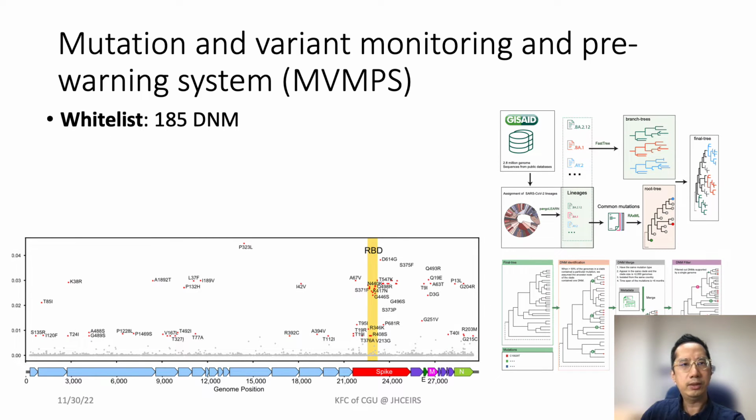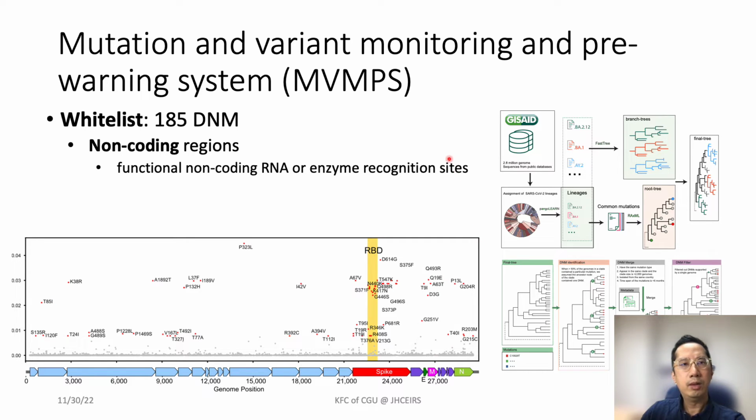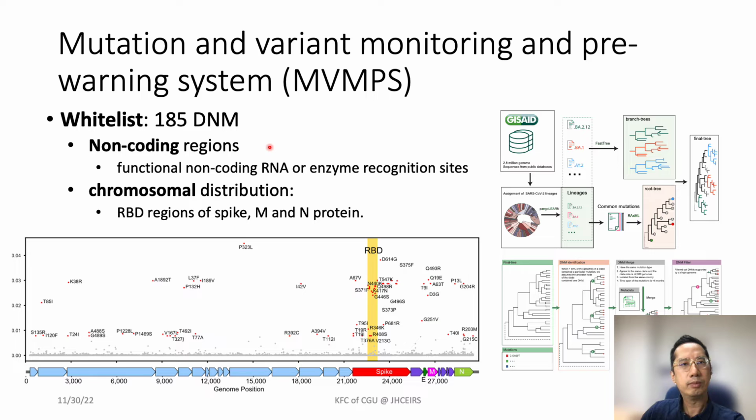In terms of the whitelist, they identified 185 de novo mutations in every part of the virus. Conventionally, we always pay attention to the coding region, but these whitelisted mutations are also noted in some non-coding regions, as well as the cross-chromosomal distribution, or RBD region, spike, M and N protein.